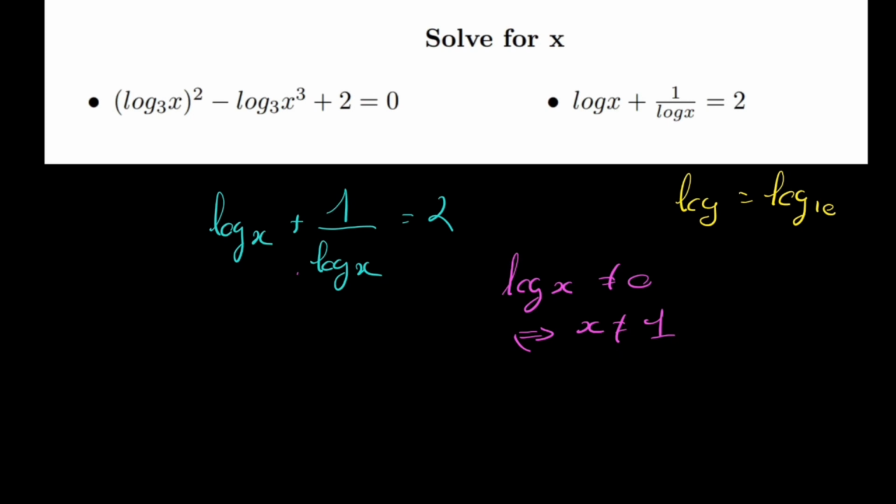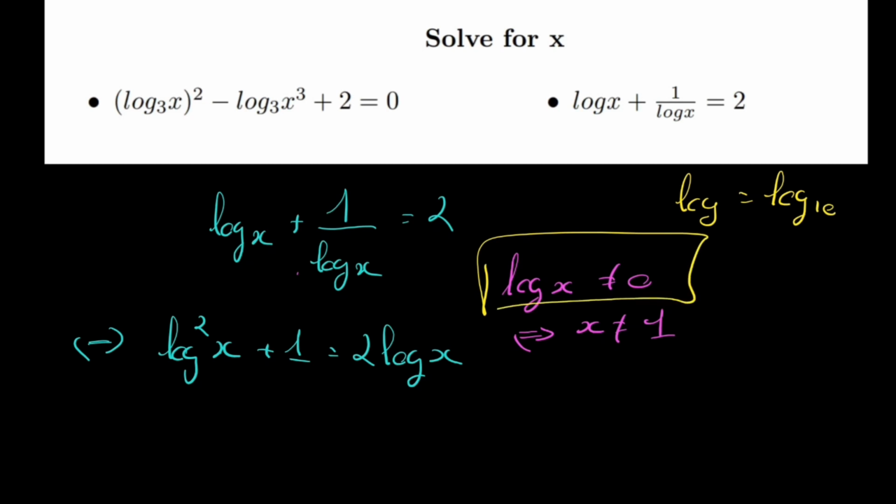And what can we do when we have log x different from 0? We can keep the same equation just by multiplying by log x. And we will have log squared of x plus 1 is equal to 2 log x. We can do this thing because and only because log x is different from 0.